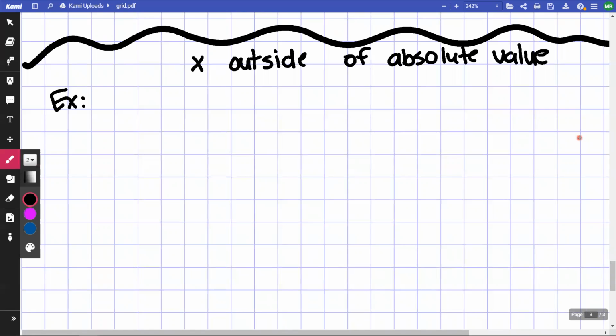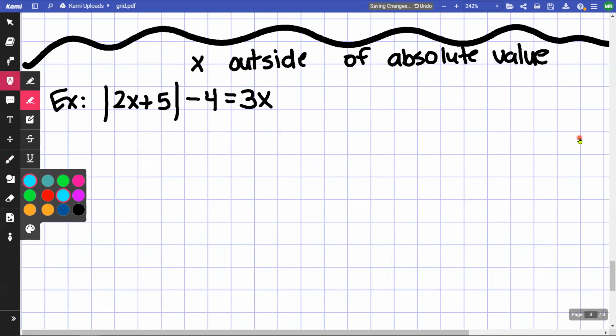So let's say for this example, we have the absolute value of 2x plus 5 minus 4 is equal to 3x. So again, what I want you to notice is we have an x outside our absolute value, okay?